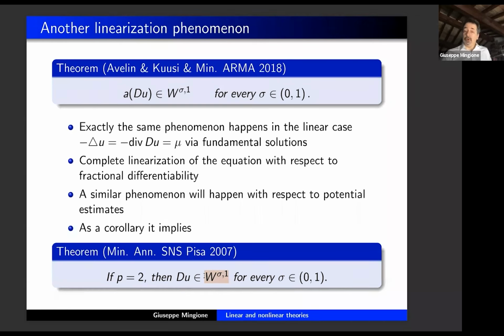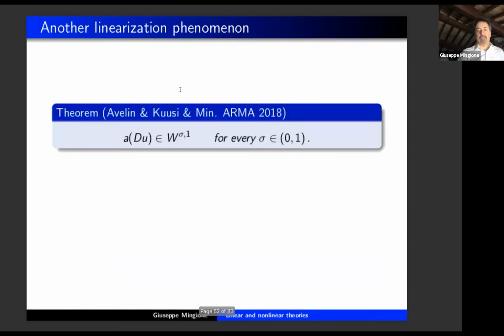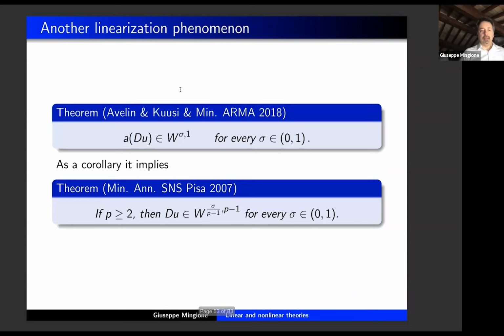And in fact, if you look at the p-Laplacian equation, in general, solutions are not expected to be differentiable with so high level of differentiability. In fact, it implies this result, which is sharp. So when p is larger than 2, you don't get W^{sigma,1} because the equation is degenerate, and then you don't get any exponent of differentiability.